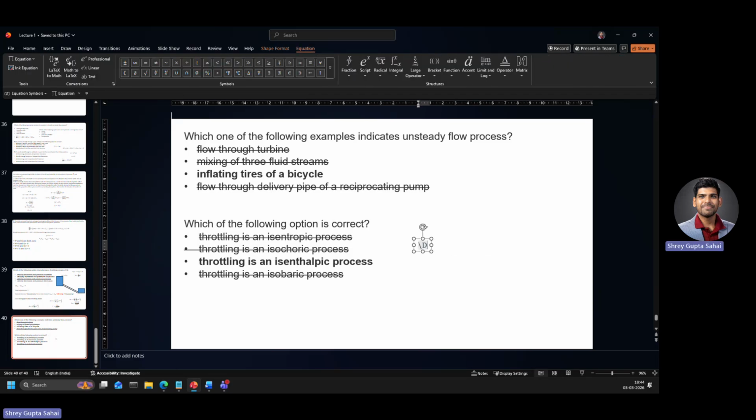Delta S is Cp ln T2 by T1, minus R ln P2 by P1.